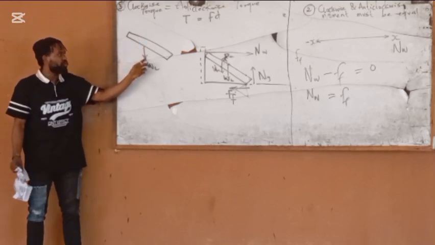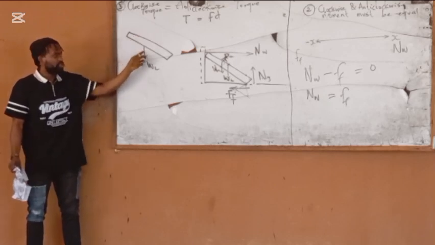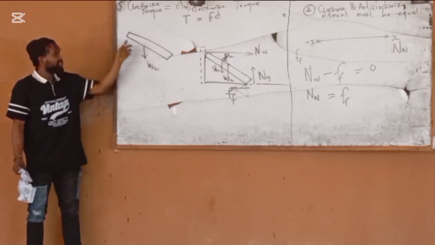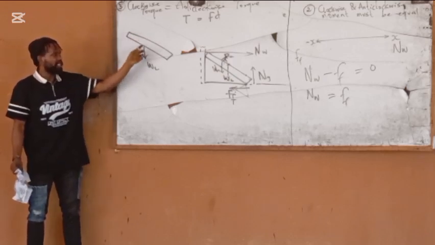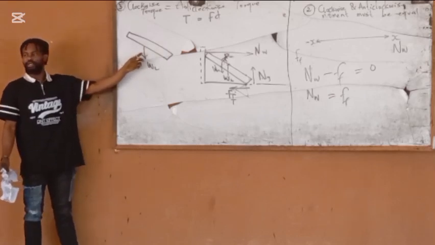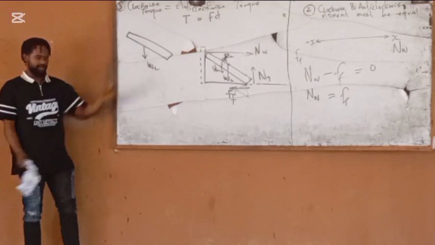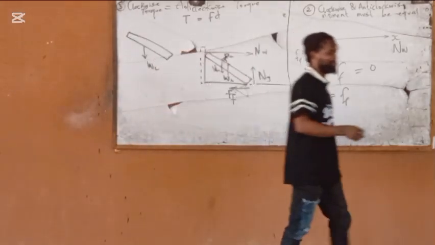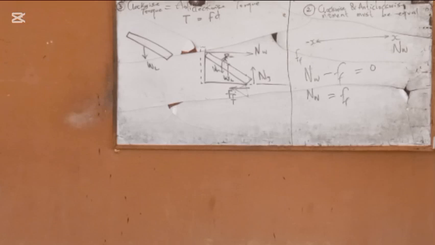Now I want to ask you, the force acting on this man, as a component to this particular ladder, is it at 90 degrees at this point? Yes, he's standing in an inclined way.